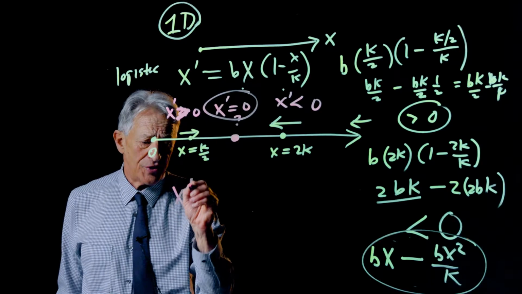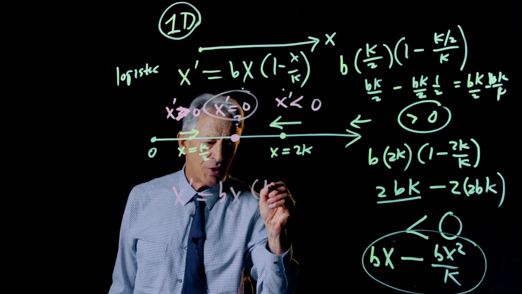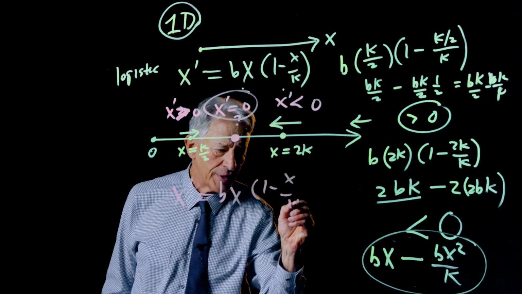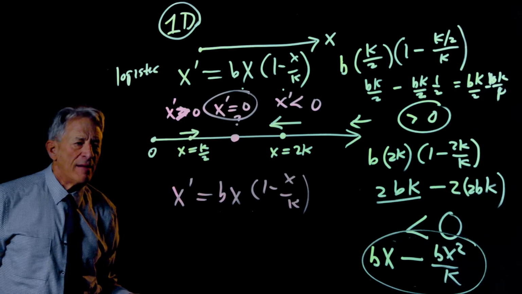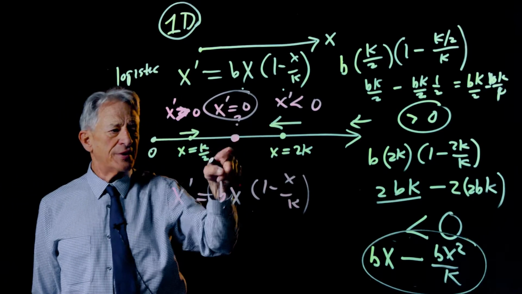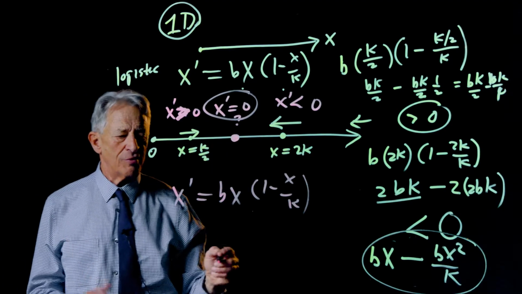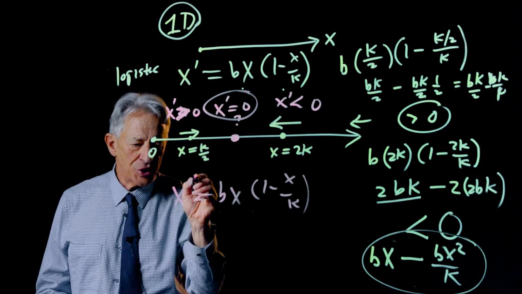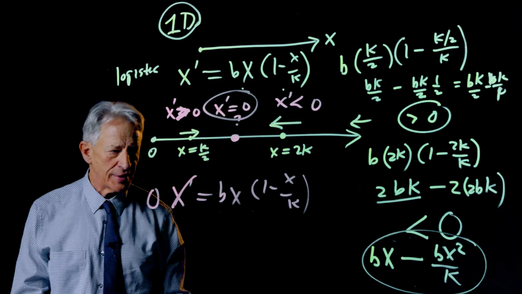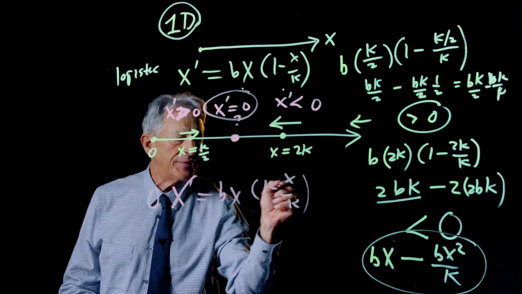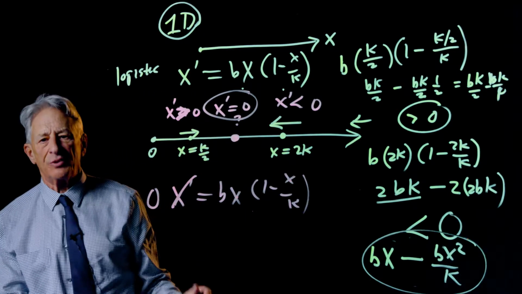After all, we just said x prime equals bx times 1 minus x over k. That's the general form of the vector field. And we're asking now to find the point for which x prime equals 0. Well, let's just set 0 equals bx times 1 minus x over k and find the values of x that make that equation come out to be 0.